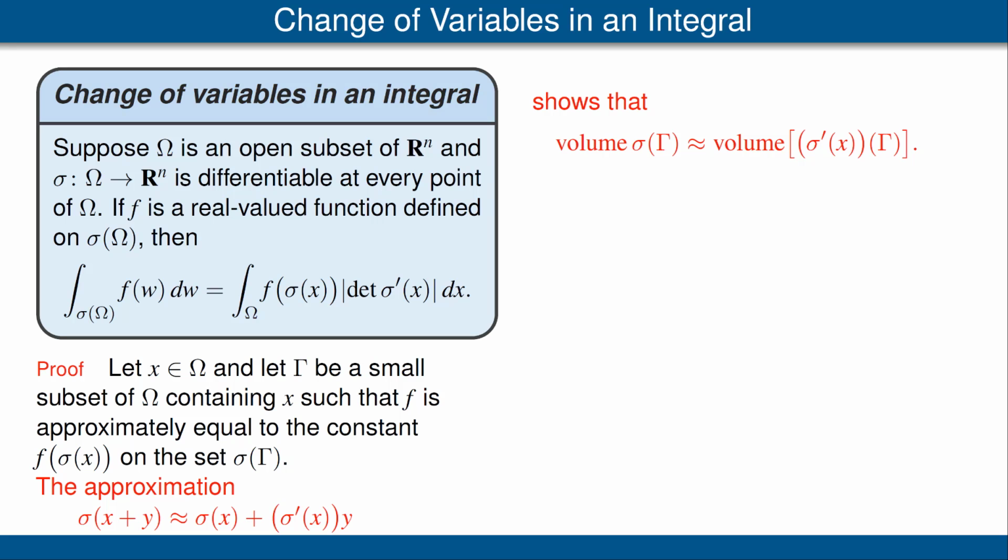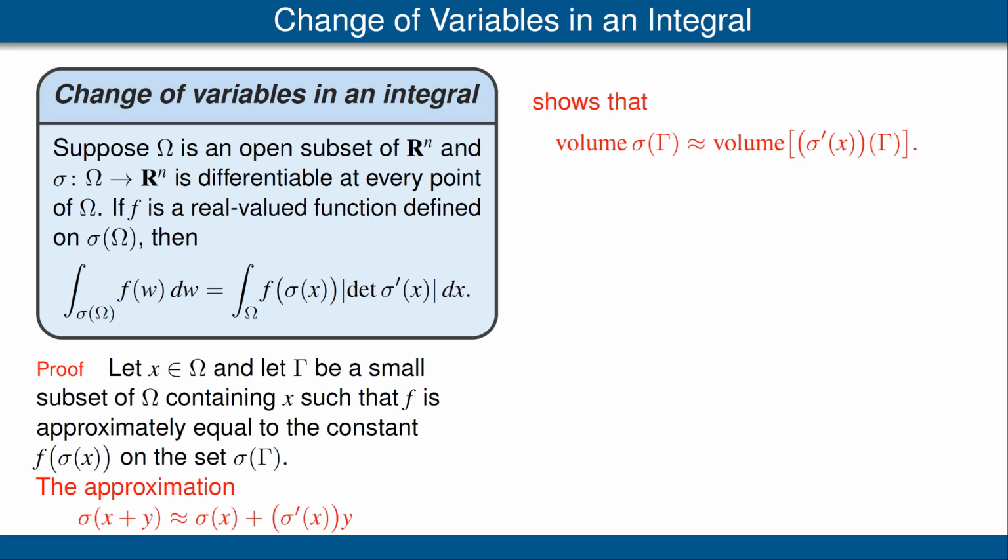Now, we have an approximation that comes from the definition of the derivative sigma prime of x, and it's shown in the last line in the first column. In this approximation, think of x fixed, and think of y as varying over a small set so that x plus y varies over the set capital gamma.